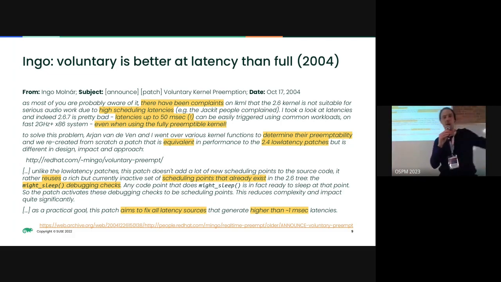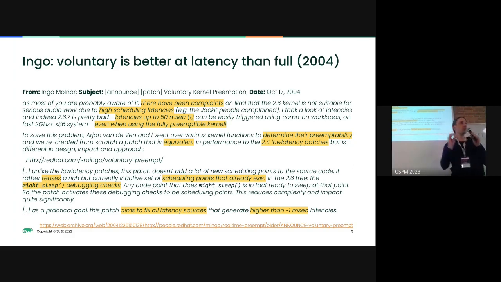He said, okay, as most of you are probably aware, there have been complaints on LKML that the 2.6 kernel is not suitable for serious audio work due to high scheduling latencies. Example, Jack. I took a look at the latency, and indeed 2.6.7 is pretty bad. Latencies up to 50 milliseconds can be easily triggered using common workloads on a fast machine, 2 gigahertz, even when using the fully preemptible kernel.